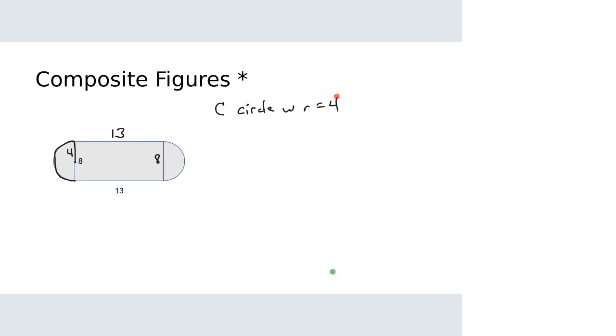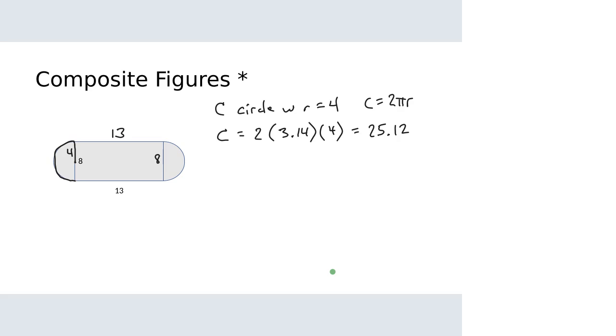So let's see. Circumference is 2 times pi times the radius. So the circumference would be 2 times pi times the radius. I'll multiply all those together. 2 times 3.14 times 4 is 25.12. Have to be a little bit careful though.